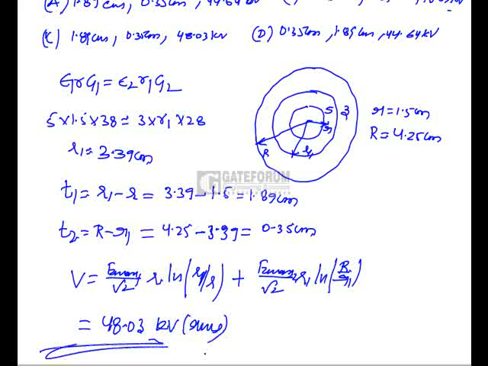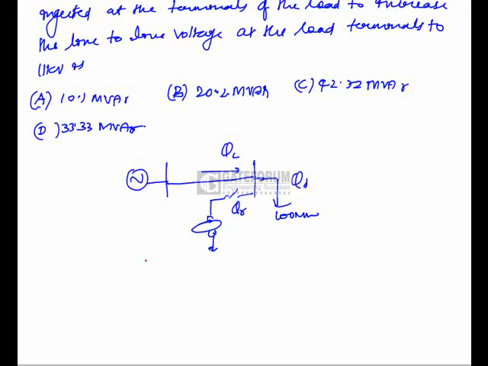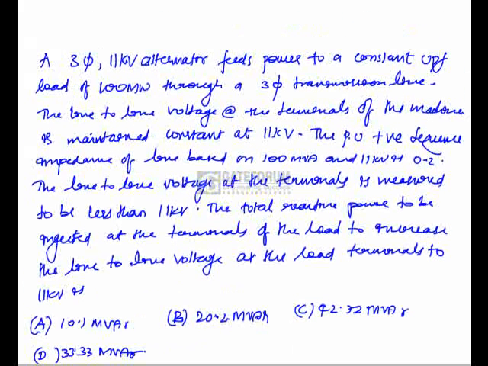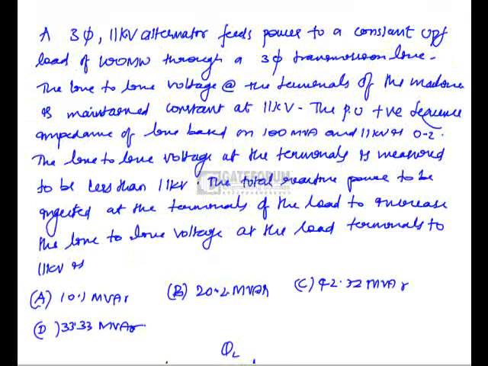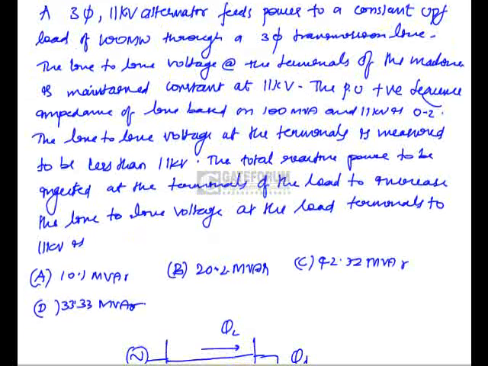Option is C. Next question: a three-phase alternator feeds power to a constant unity power factor load. Here we have a 100 megawatt load at unity power factor, which means reactive power is equal to 0, through a three-phase transmission line. Line to line voltage at the terminals of the machine is maintained constant at 11 kilovolts.